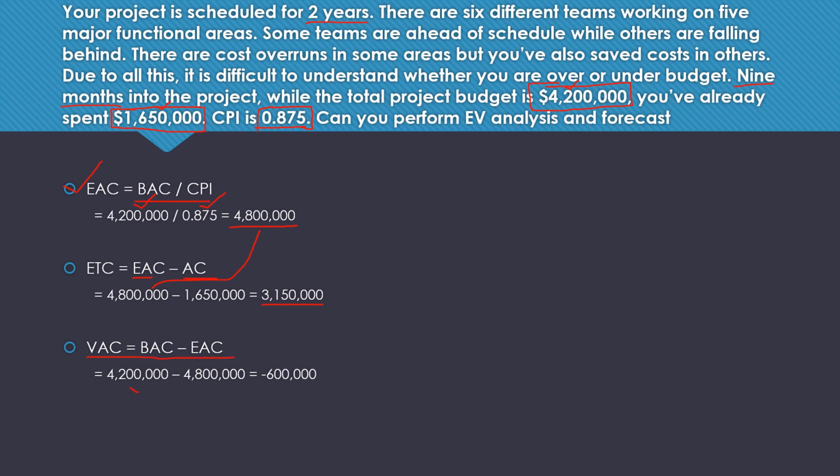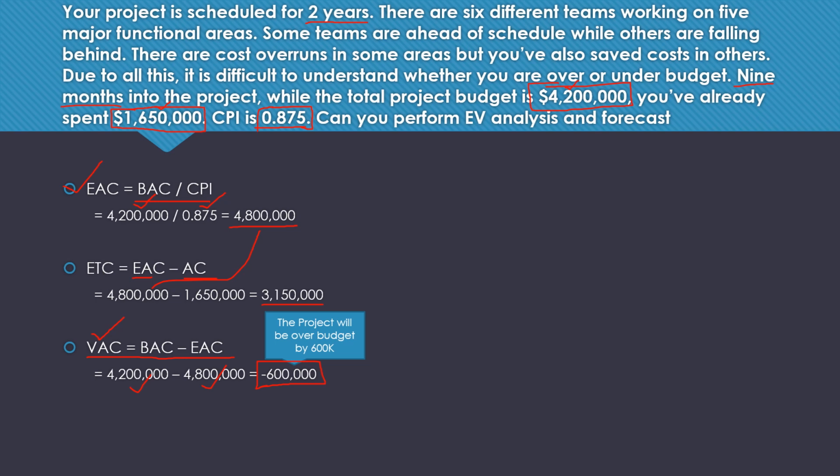The formula for VAC is BAC minus EAC. You put in both the values for BAC and EAC, and the answer that you get is minus $600,000. What does this mean? If your variance at completion is minus 600,000 US dollars, this means that the project will be over budget by 600,000.